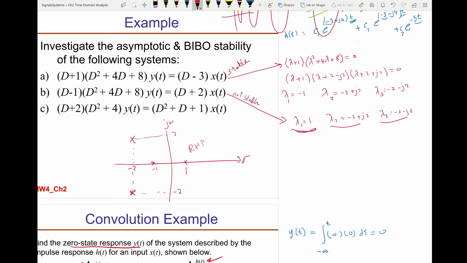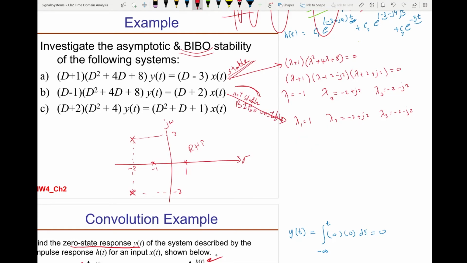So if this is internally stable, then it's definitely bounded input, bounded output stable. And if it's not stable here, then we have to find h of t and see if the integral of h of t doesn't go to infinity, then we may say it's bounded input, bounded output stable. But since we have this lambda 1, we know there will be a characteristic mode C1 e to the lambda 1 t, and the integral of these will go to infinity. So that's bounded input, bounded output unstable.